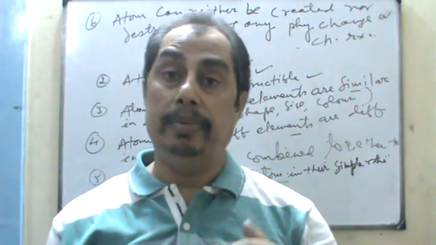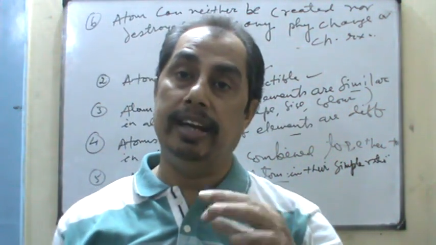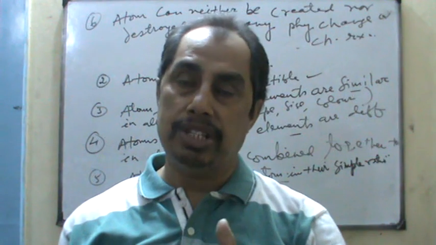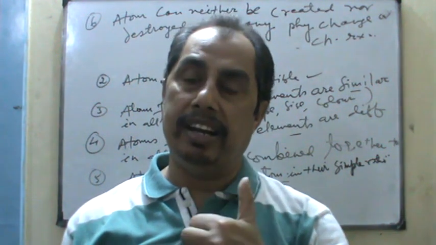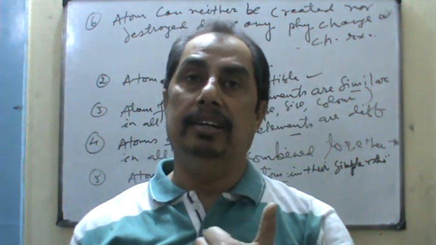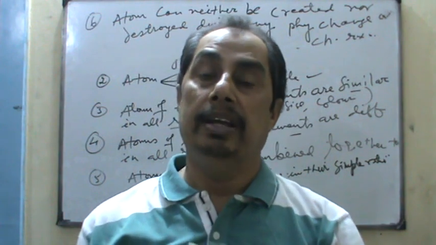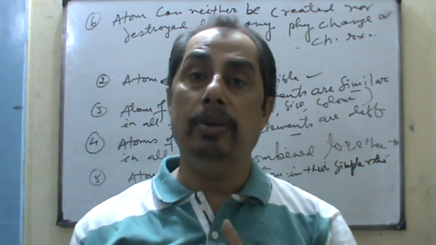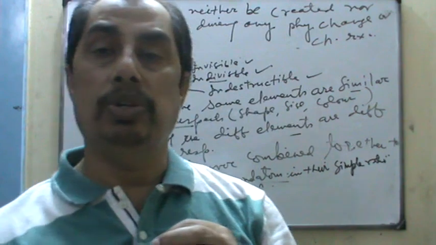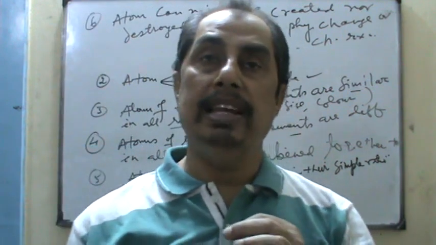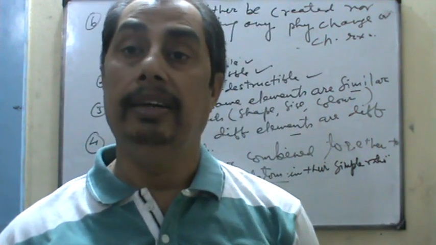Why? Because according to Dalton, atom was the smallest. But in today's scenario, according to modern atomic theory, that is given by J.J. Thomson, Rutherford and then Niels Bohr, electrons, protons and neutrons are million times smaller than the atom.